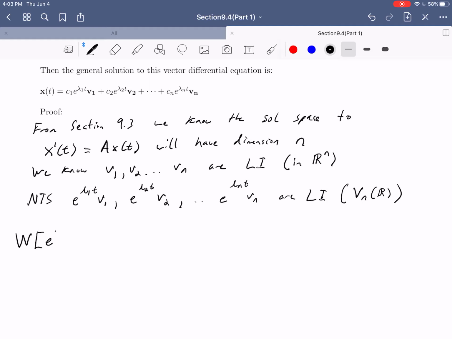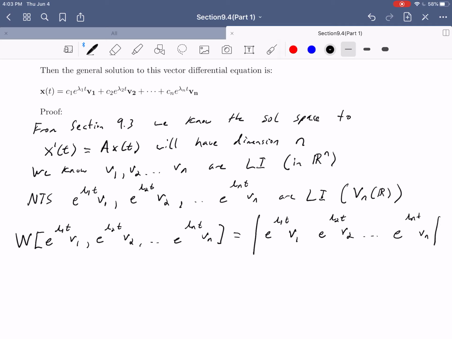The Wronskian of e^(λ1 t) v1, e^(λ2 t) v2, through e^(λn t) vn would be the determinant of the matrix that has these as its columns: e^(λ1 t) v1, e^(λ2 t) v2, through e^(λn t) vn. Now again, these exponentials are scalars, but v1, v2 through vn are column vectors.